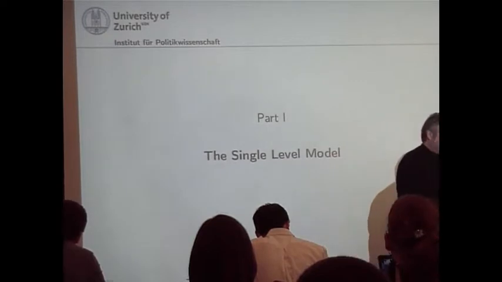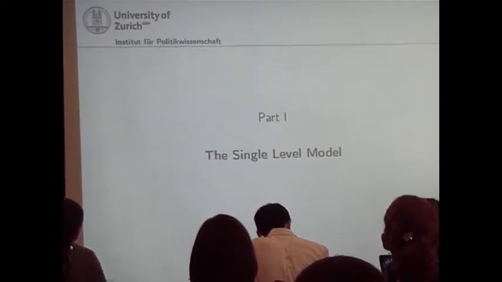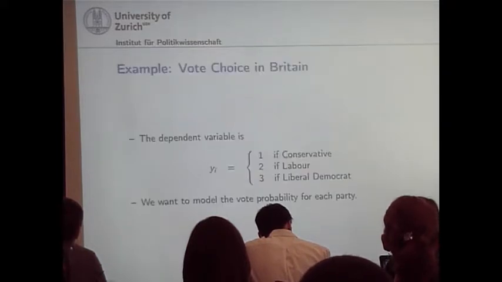What all of these three types have in common is that they are models that assume some variety of utility maximization. And that's the intuition I'm going to use to derive the single level model.